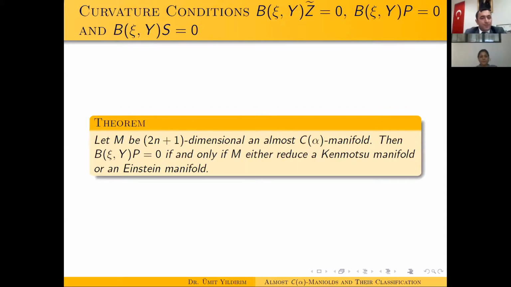New theorem: Let M be a 2n plus 1 dimensional almost coKähler manifold, then B(x, y)p equals 0 if and only if M is either a reduced Kenmotsu manifold or an Einstein manifold. This result is like what was found before.